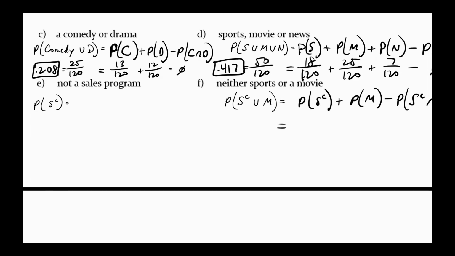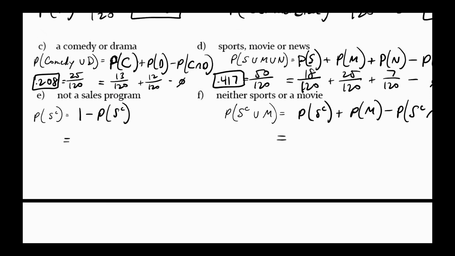Okay. Not a sales program. That means everything else. So we're going to take 1 minus all of the sales programs. You can either count everything that's not a sales program, or you can just count the sales programs and subtract them from the total.